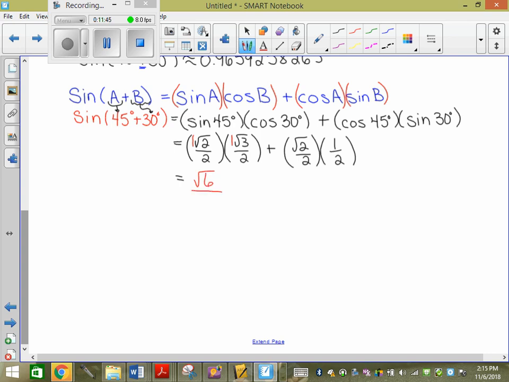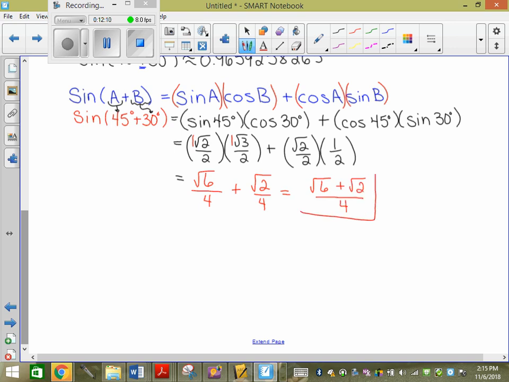And then 2 times 2 is 4. A lot of people put 2. I catch myself doing it the odd time because it's like just common denominator instead of multiplying it. And then what's root 2 times 1? Root 2. Because anything times 1 is itself. So my answer is root 6 plus root 2 over 4.